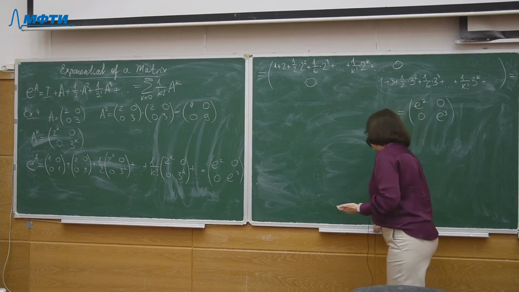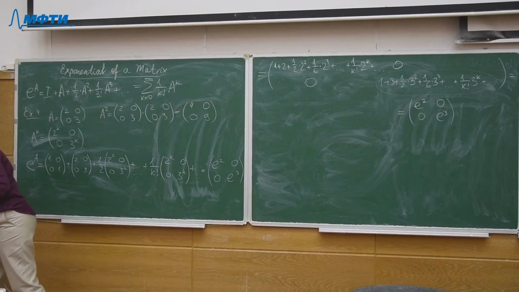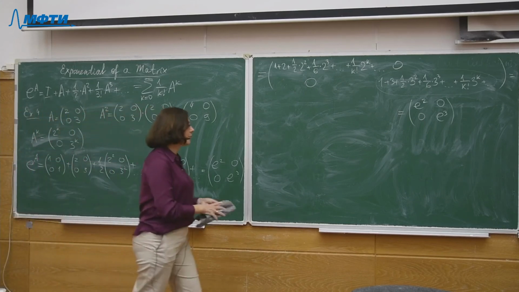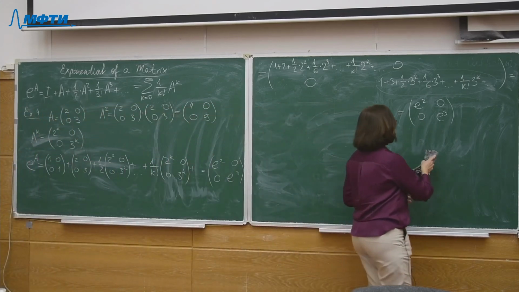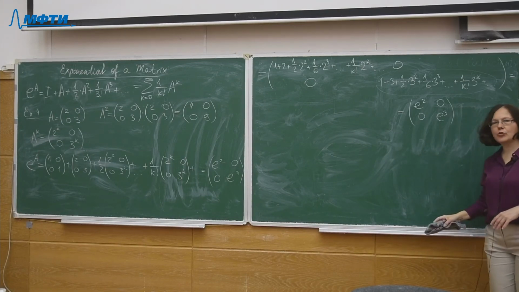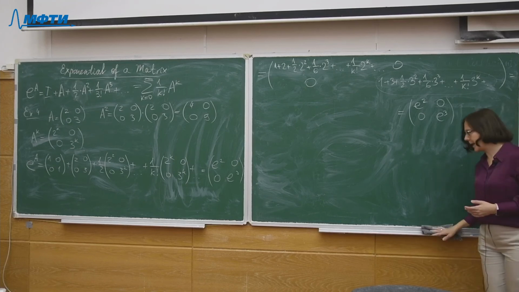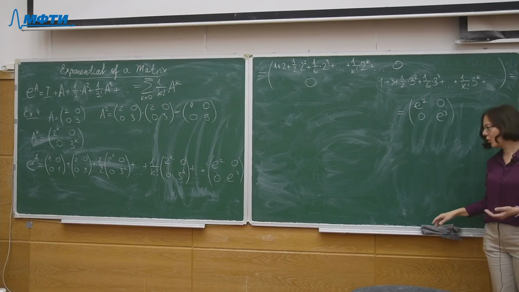To do this, I'd like to recall some facts from the theory of linear operators, from calculus and linear algebra. In what follows, we will need the notion of a normed vector space.